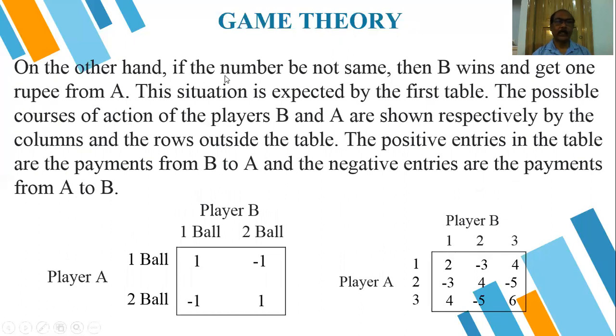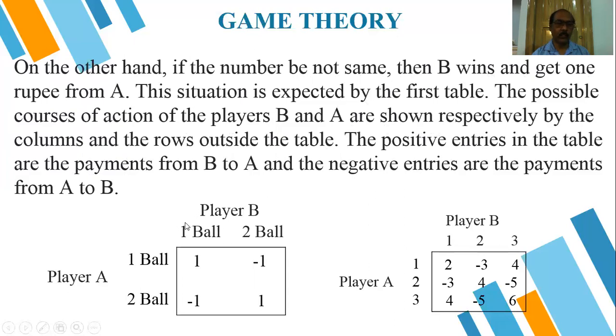On the other hand, if the number is not the same, then B wins and gets 1 rupee from A. This situation is expressed by the first table. The possible courses of action of players B and A are shown respectively by the columns and the rows outside the table.